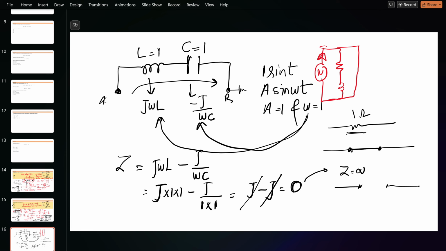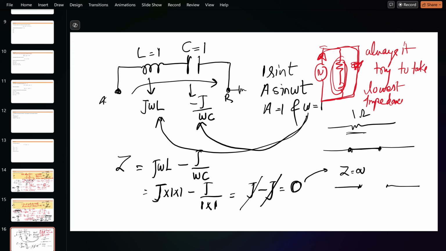The current which is flowing from here will always flow through the low resistance path. It will not flow in this circuit, okay. It always tries to take the lowest resistance path, basically the lowest impedance path.